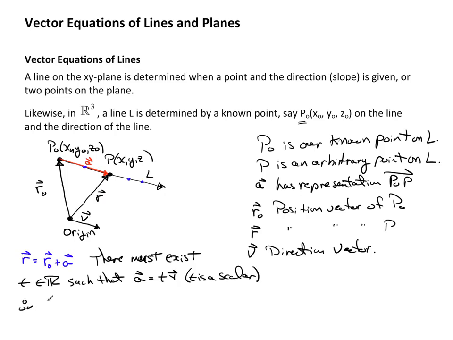Therefore, I can write vector r as being r naught plus tV.